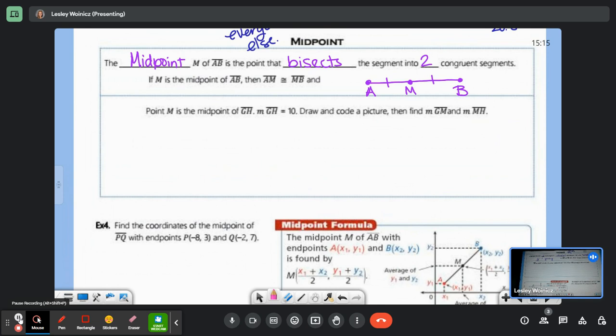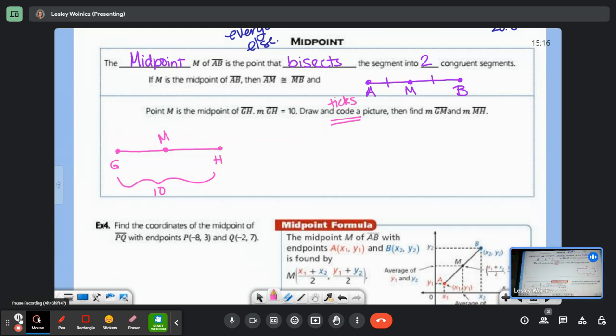Okay, point M is the midpoint of GH. Let's draw a picture. Here's GH. Okay, the measure of GH is 10. M is the midpoint. Now it says draw and code a picture. When it says code, that means the ticks.